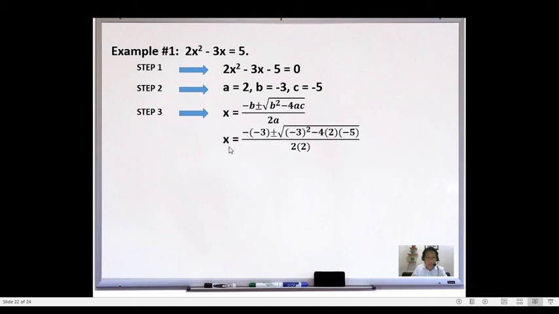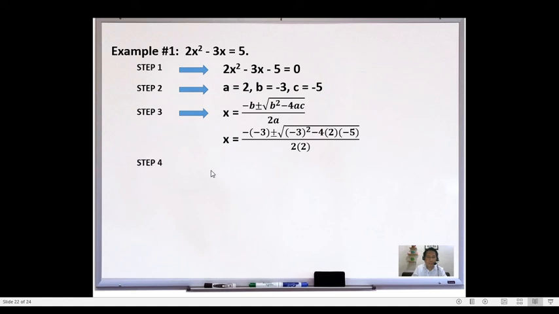So that is now x is equal to negative, our value for b is negative 3, so negative times negative 3, plus minus the square root of the value for b again, negative 3, so the square of negative 3, minus 4 times our value for a, which is 2, the value for c is negative 5, over 2a, our value for a is 2.